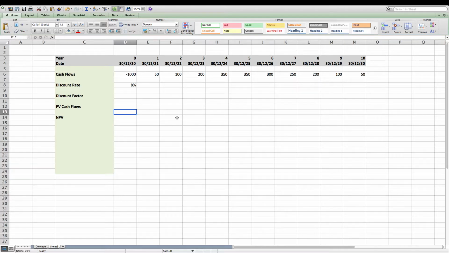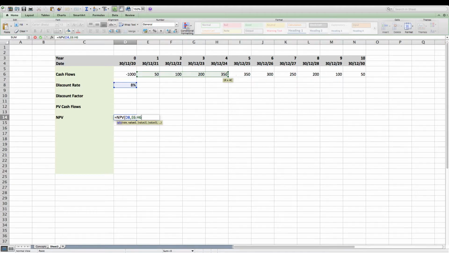Now, Excel has an inbuilt NPV function which gives us the valuation of this project discounted to today. And the way the function works is we provide the discount rate and provide the stream of future cash flows.